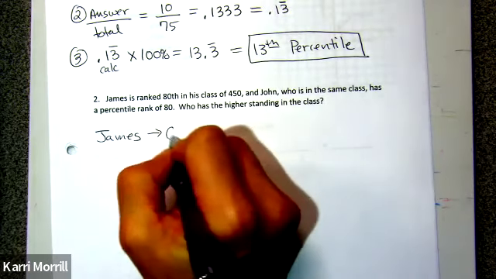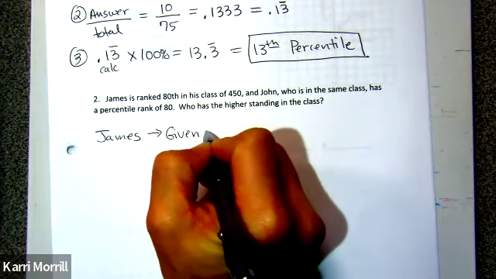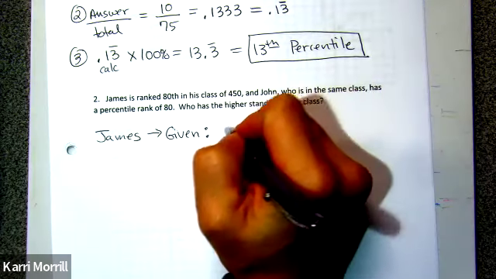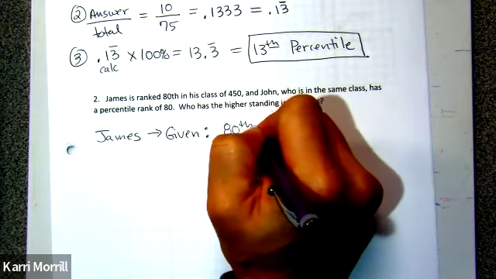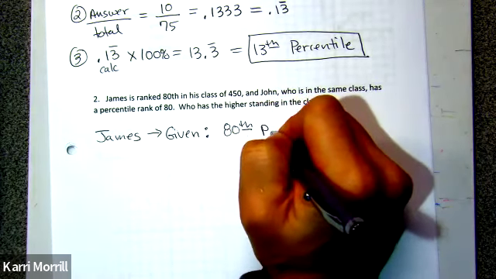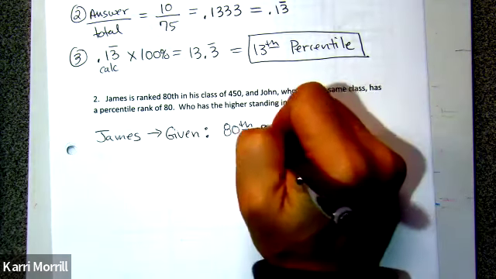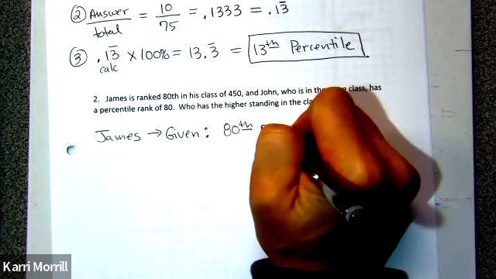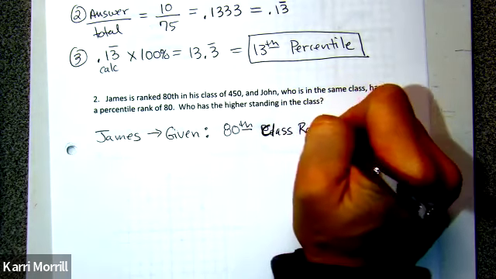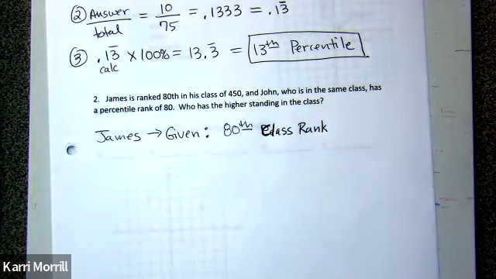So what's given with this information is that he is 80th in his class, so 80th class rank. I could have written the word percent, but we want to find the percentile ranking.